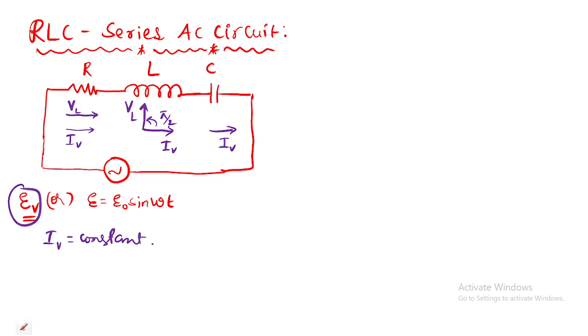Here, the voltage across the capacitor VC will be lagging by how much? 90 degrees, so pi by 2 I can say. Got it? Draw the figure first.